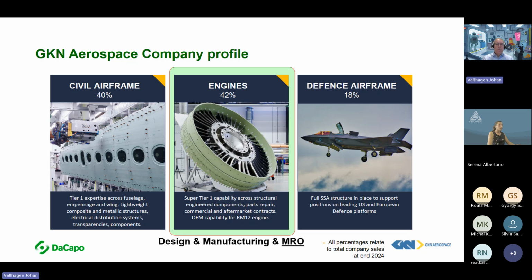And we have a position in the market where we call ourselves a tier 1 supplier. So the big part of our business today is to design and manufacture various components for turbofan engines, so jet engines.